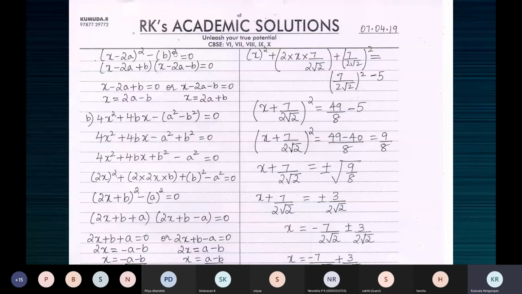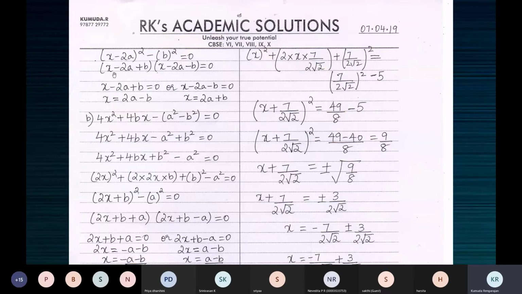Now write it as minus b the whole square, because further you can factorize it by using the formula a square minus b square, difference of two squares. A square minus b square is equal to a plus b into a minus b. So here, this is one expression which you can call a, and this is b.